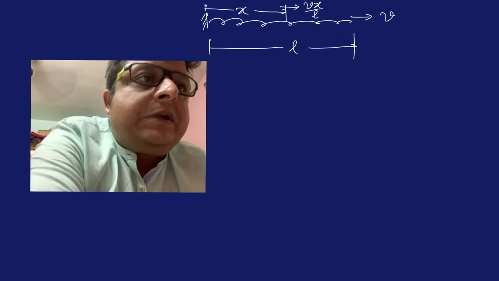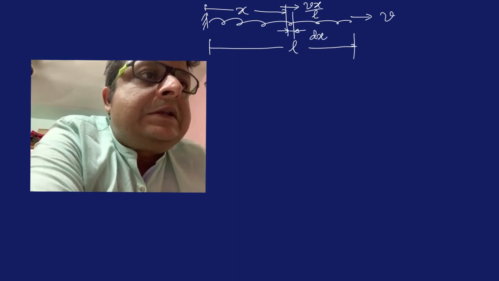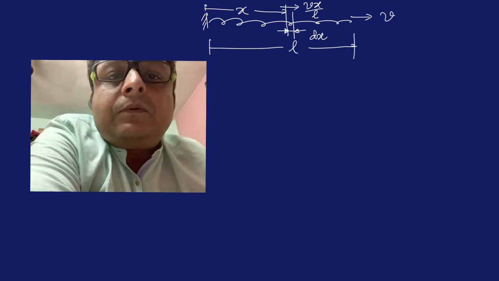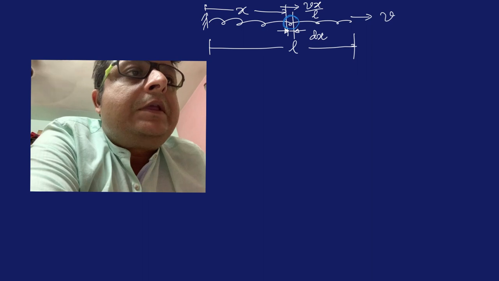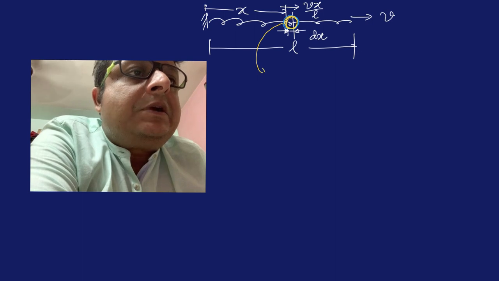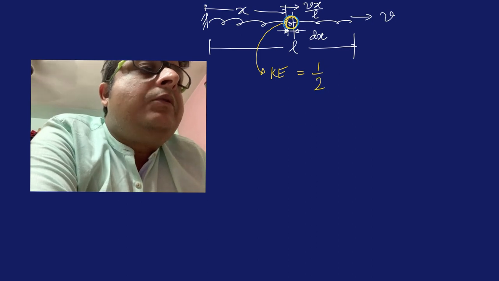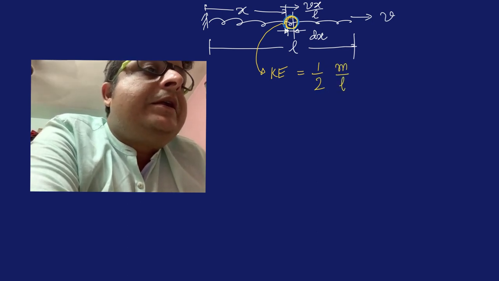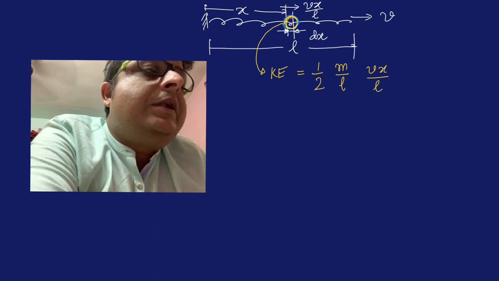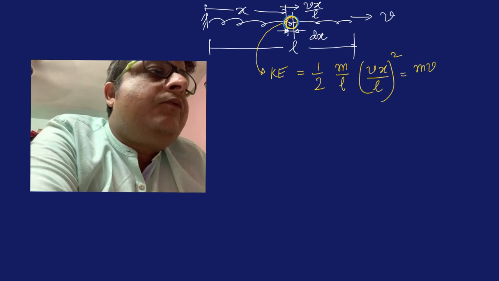Now if I divide this into small lengths dx each, consider this one. What is the kinetic energy of this particle? This particle has kinetic energy equal to half, m by l times dx, times (vx by l) square. So it is m v square by 2l cube times x square dx.